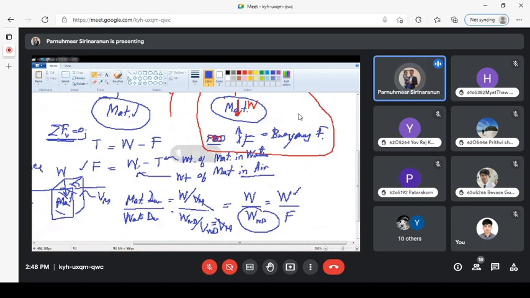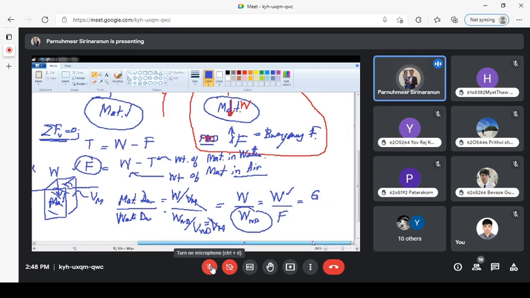Because the difference between the weight of material in air compared with the weight of material in water, what do you get? You get the buoyancy force. Okay? And now you can find the ratio between the weight of material in air and the buoyancy force. What you get? You get specific gravity of material. Clear at this point?